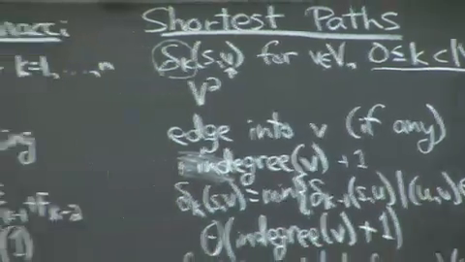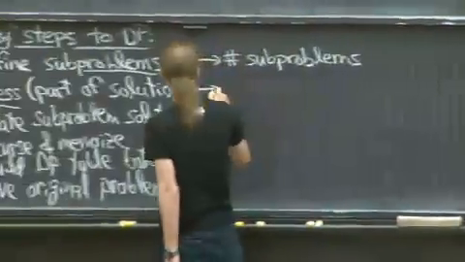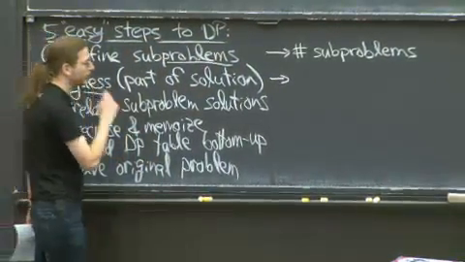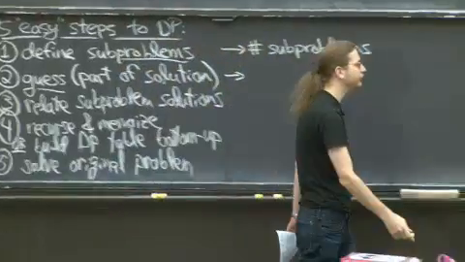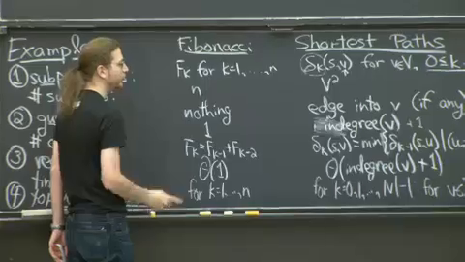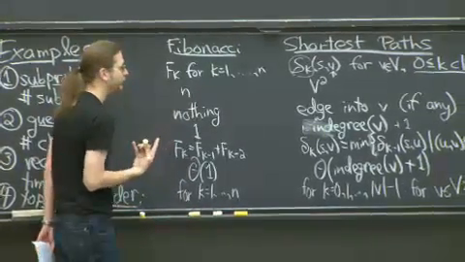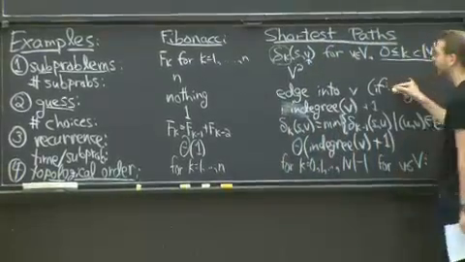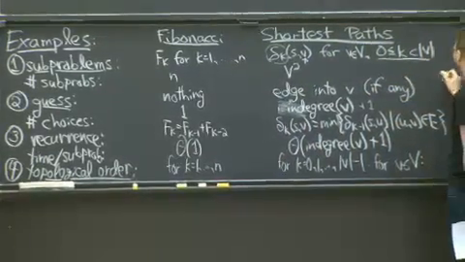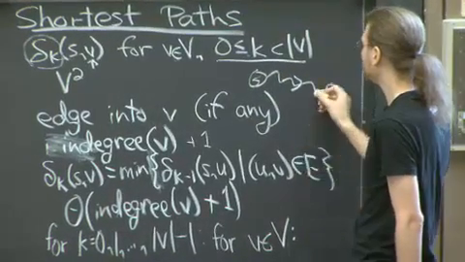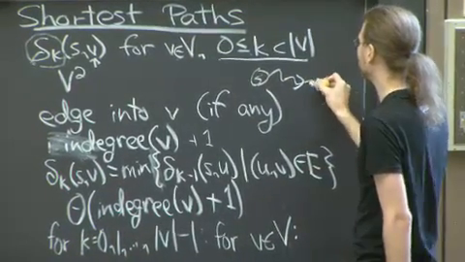OK, second thing was we wanted to solve our problem. And we do that by guessing some feature of the solution. In Fibonacci, there was no guessing. So the number of different choices for your guess is 1. There's only one choice, which is to do nothing. And for shortest paths, what we guessed was, well, we know we're looking for some path from S to V. Let's guess what the last edge is.